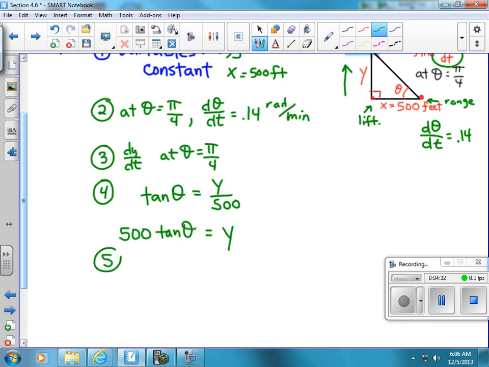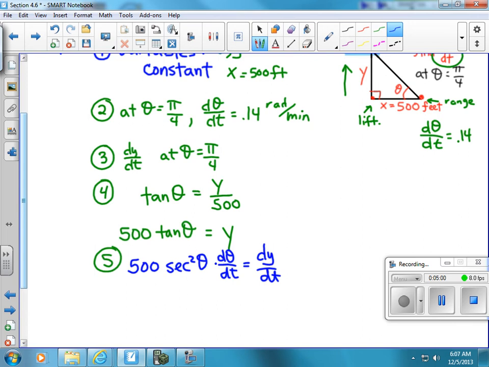So step 5 says differentiate with respect to t. If we take the derivative with respect to t, 500 is a constant. The derivative of tangent is secant squared times d theta/dt, equals dy/dt. We differentiate both sides of this equation.